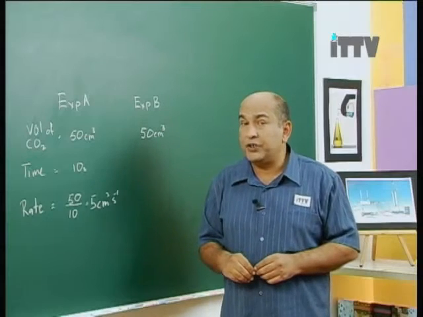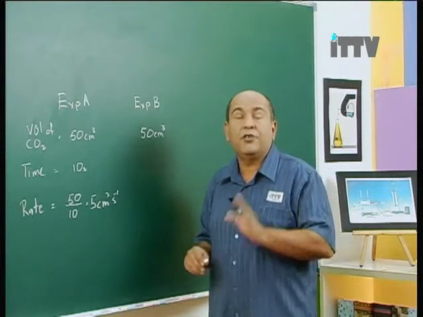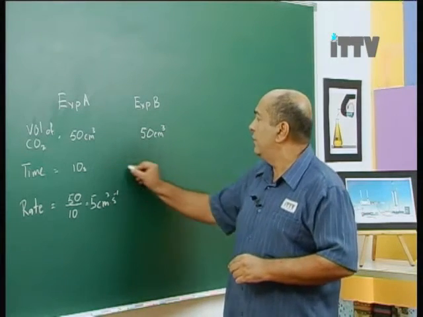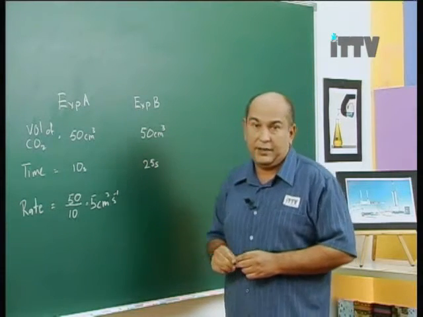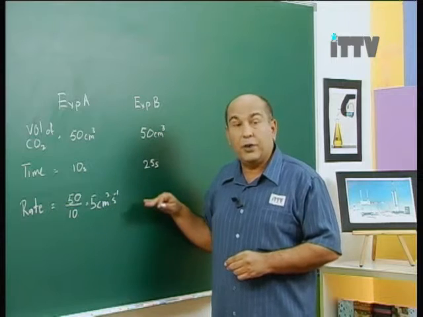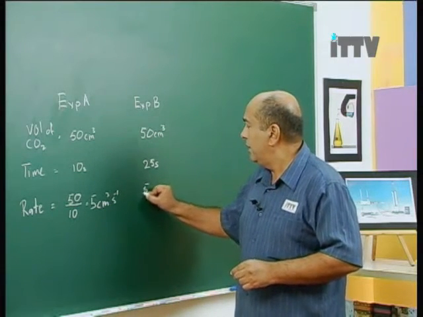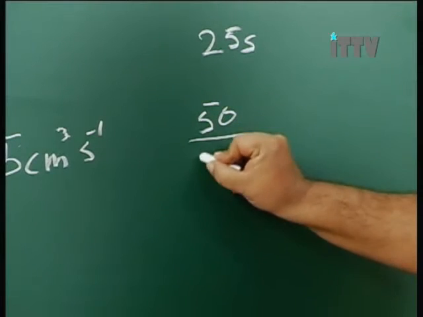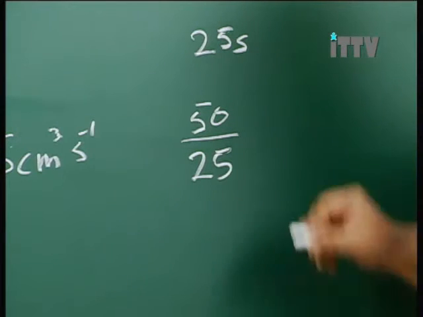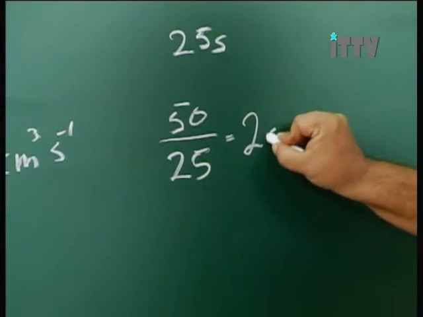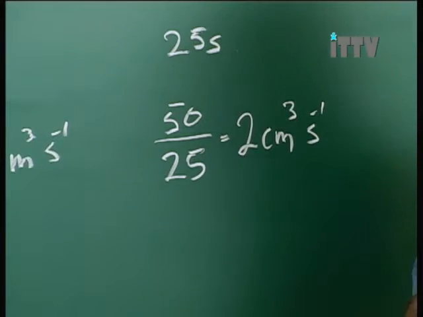According to our tabulation of data, the time taken was 25 seconds. So if we were to calculate the rate, what we get is 50 divided by 25, which gives me a rate of reaction of 2 cm³ per second.